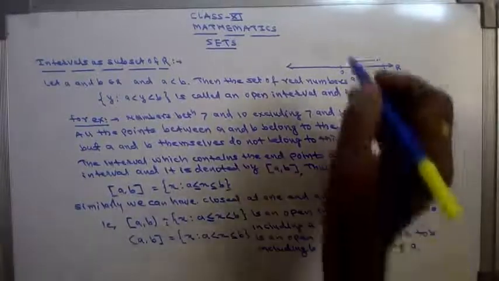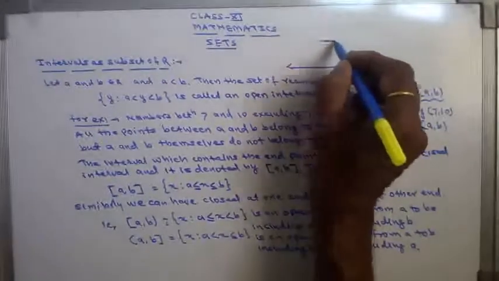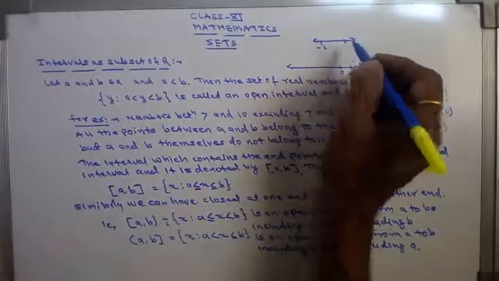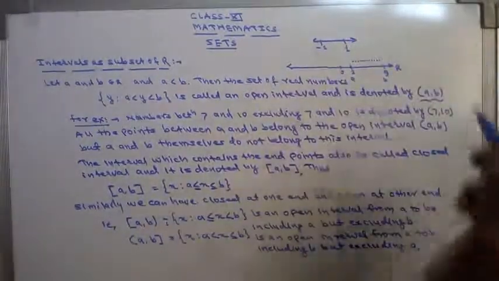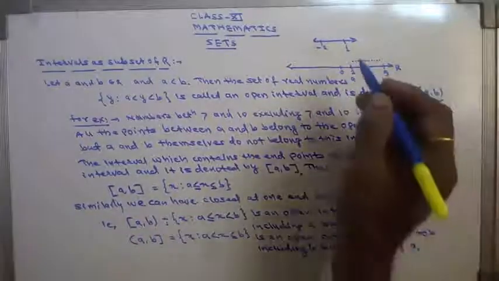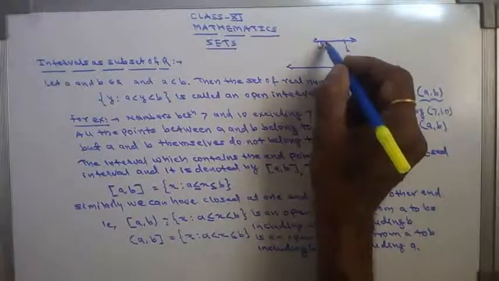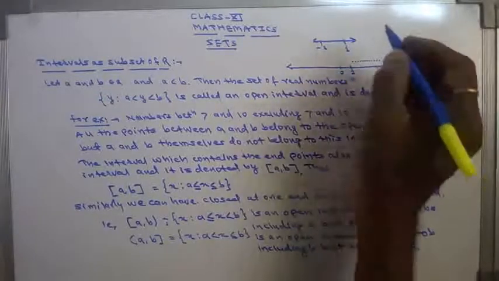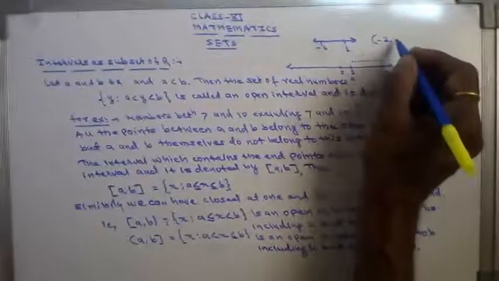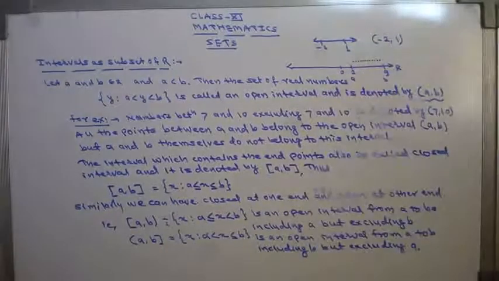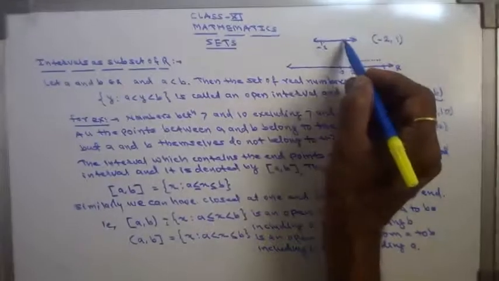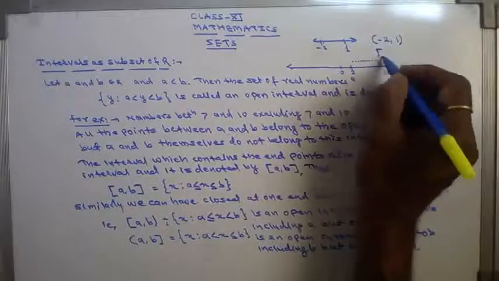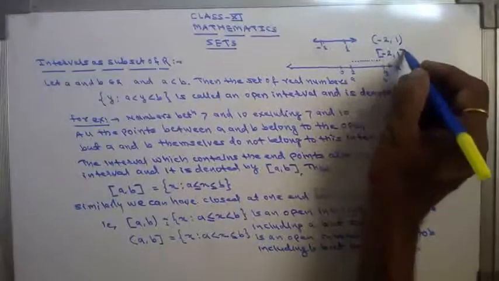Suppose you have a real number line, and you have the numbers -2 to 1. I want to write the whole set of all real numbers between -2 and 1, excluding -2 and 1; it can be written as the open interval (-2, 1). If I want to write the set of all real numbers between -2 and 1, including -2 and 1 also, it can be written as the closed interval [-2, 1].